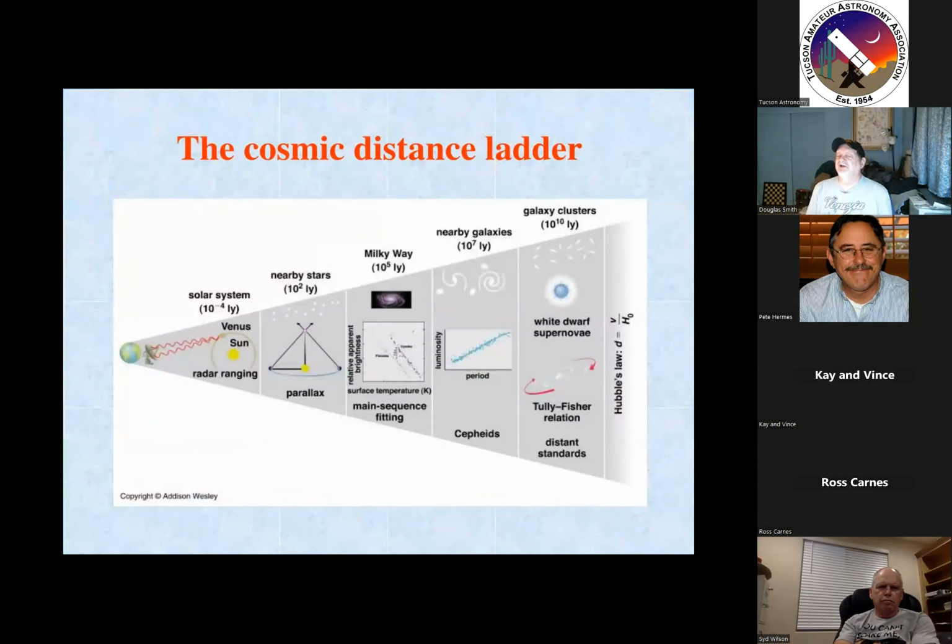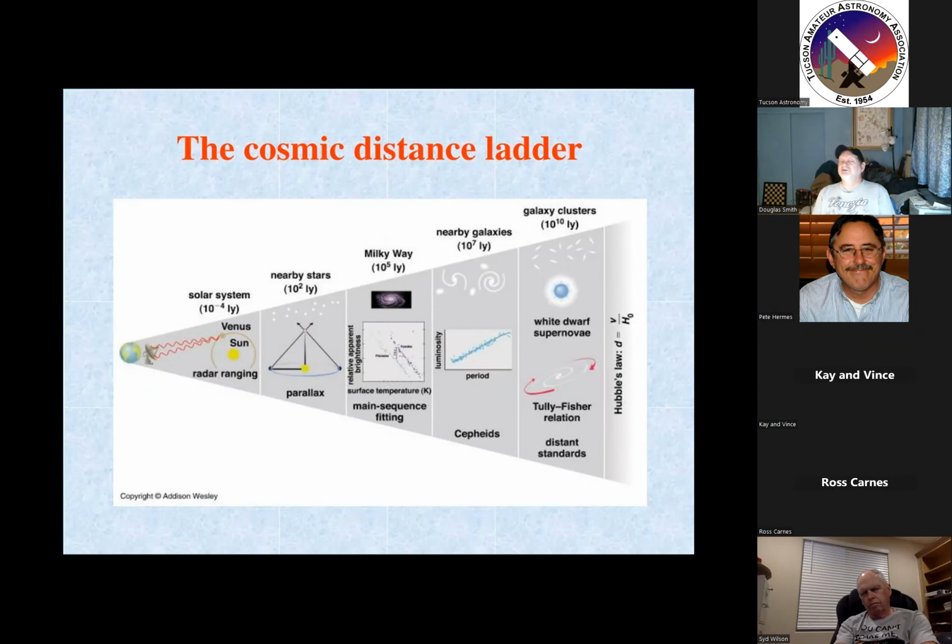This is a nice figure that I found that shows you the different methods of the distance ladder. I didn't cover the first one, which is bouncing radar off of close objects like planets. But you've got the parallax, which is for nearby stars, out to maybe 100 light years. You've got main sequence fitting, where you're fitting stars onto the HR diagram.